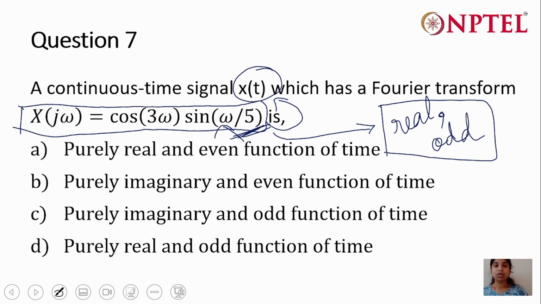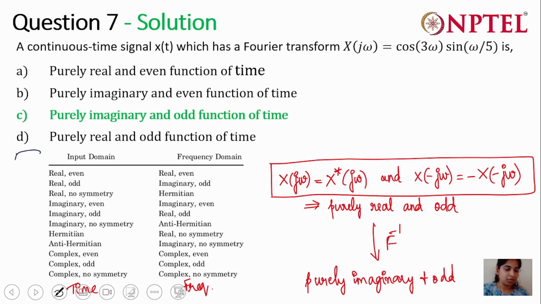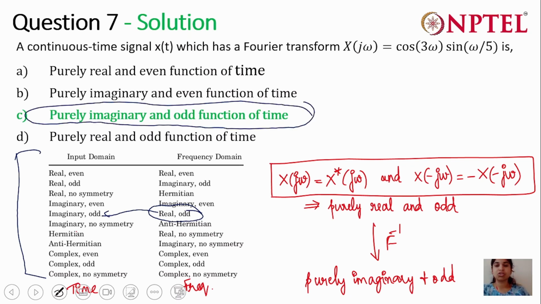Now we are going to tell about x of t. For that, we have a table like this, wherein in frequency domain, if it is real and odd, in time domain, it is imaginary and odd. So the answer is purely imaginary and odd function of time.